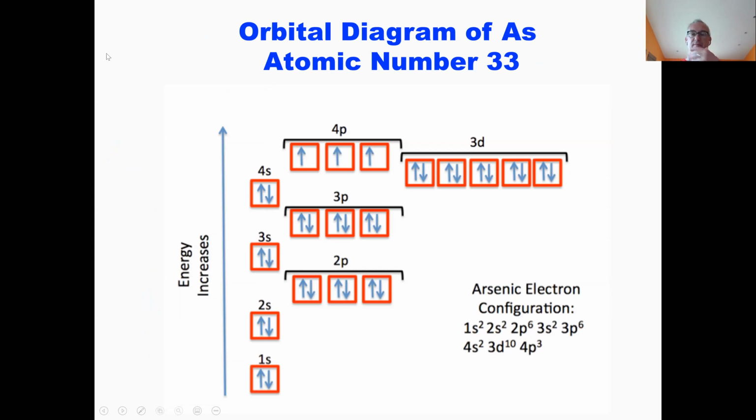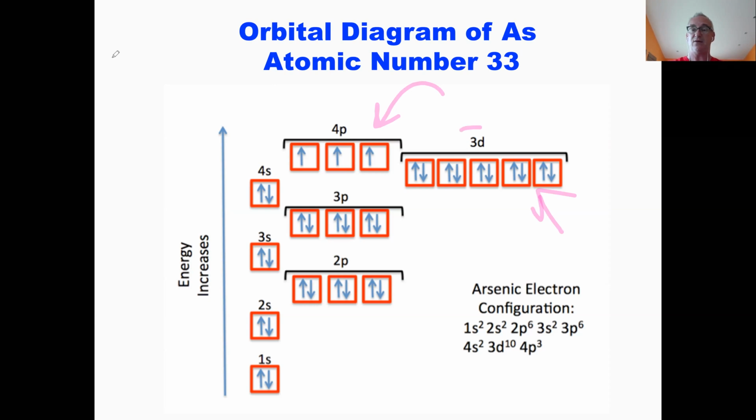So this is what arsenic looks like. This is an orbital diagram, and we build them up one at a time. We fill them all up. And so you can see in this particular example, we fill 3d before we get to 4p because of the difference in energies between d and p. d is a higher energy than p.